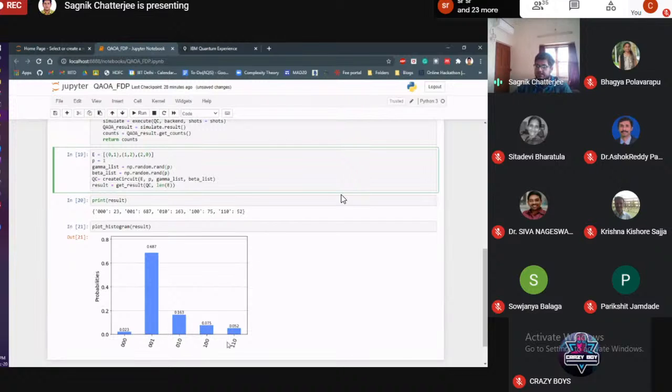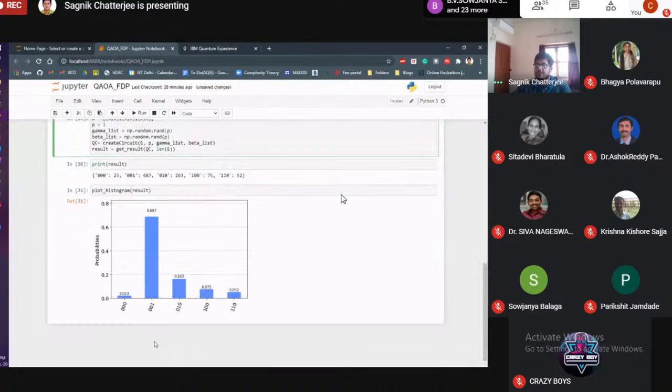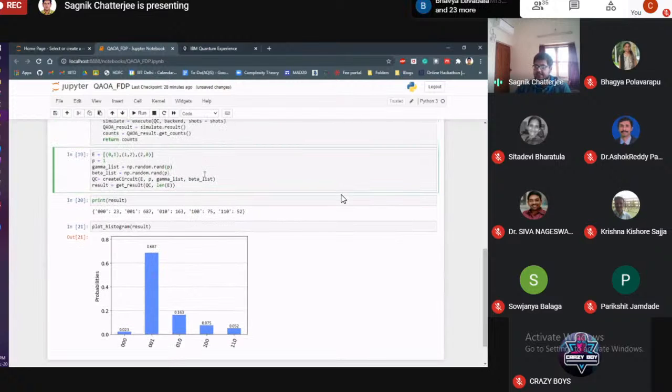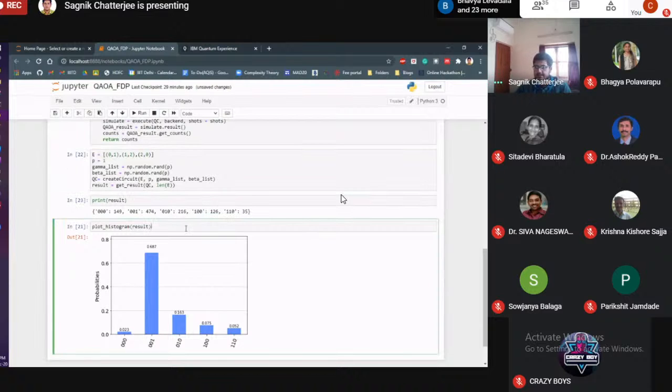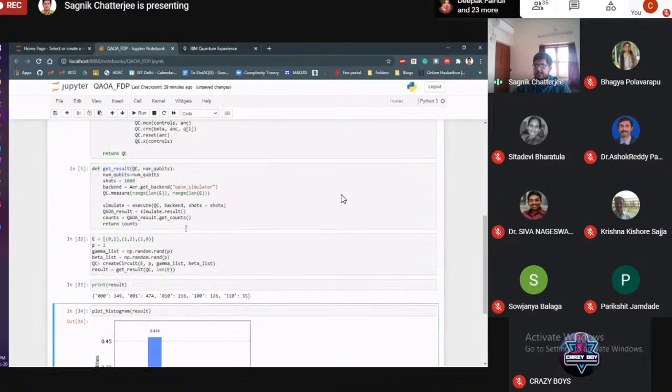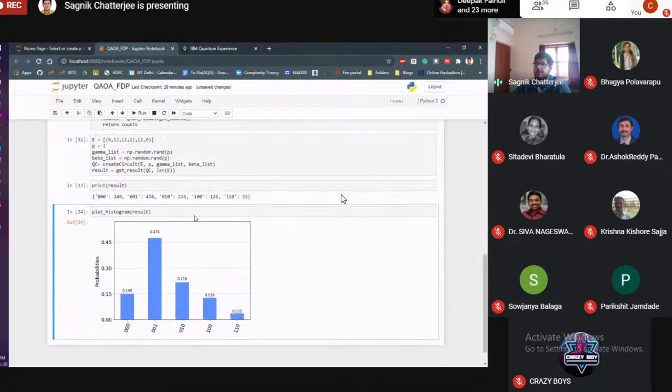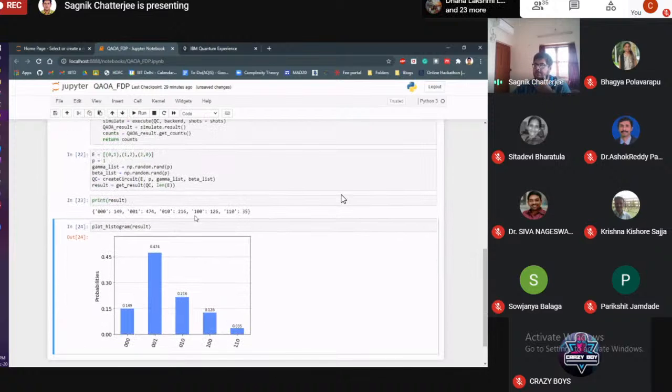So we can generate all possible matchings here. The first edge is 001. This is something that we were looking forward to and we got it. If I change the parameters and run the circuit again, it will give me a different probability distribution and so on.